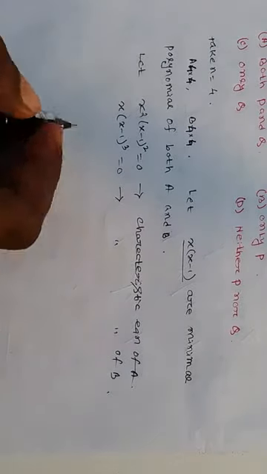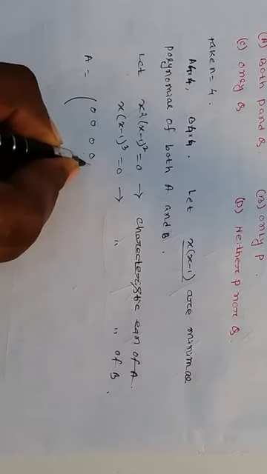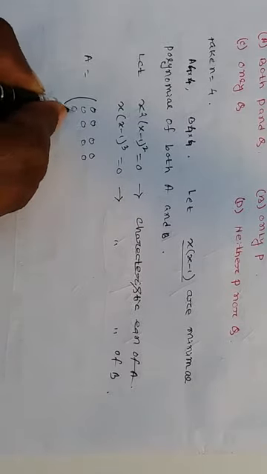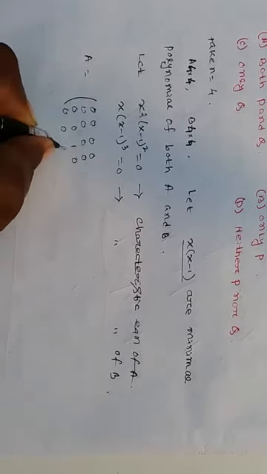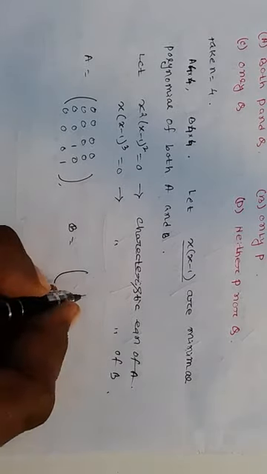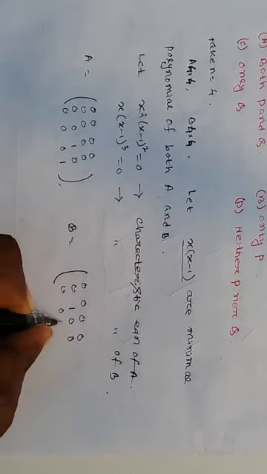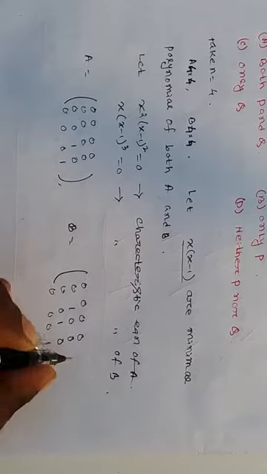Then the matrix A looks like a diagonal matrix with entries 0, 0, 1, 1, and the matrix B looks like a diagonal matrix with entries 0, 1, 1, 1.